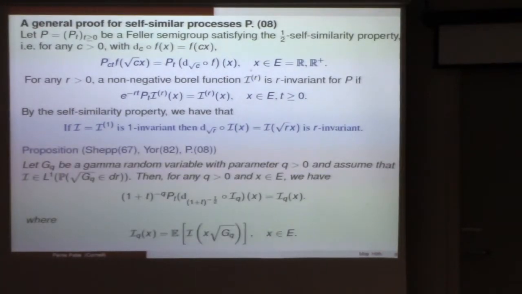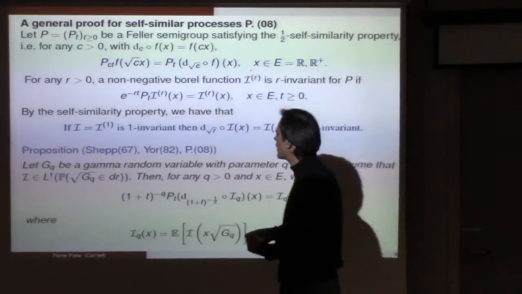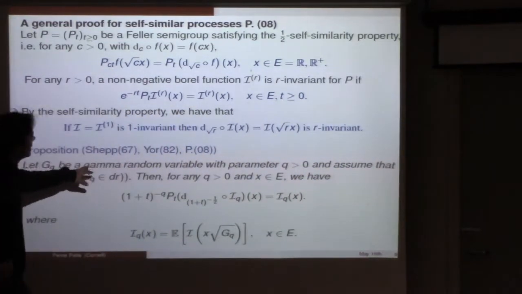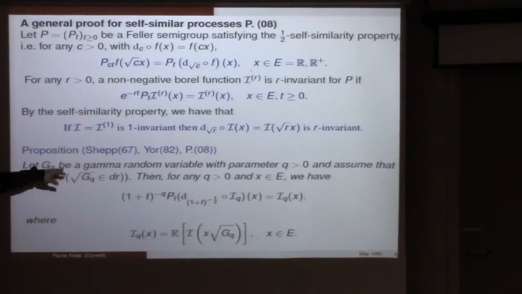Now we have this result. I mentioned several names because, as I said earlier, for Brownian motion, I will state the result and explain what's going on. I'm considering a gamma random variable of some positive parameter q. I assume that the one-invariant function is in L1 with respect to the density of the square root of this gamma.